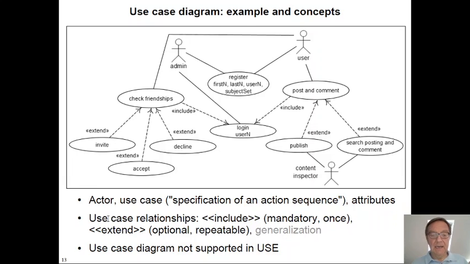And there are relationships between the use cases, which are indicated in this diagram by dashed lines with an arrow. On the dashed lines we see an include or an extend relationship. The formal term for this syntax is that include and extend are stereotypes.